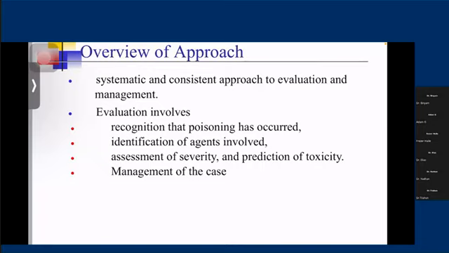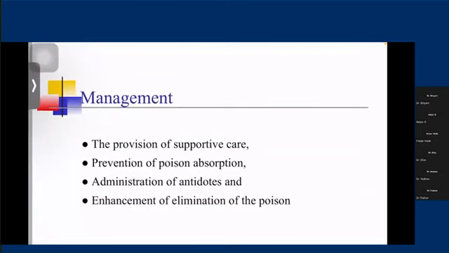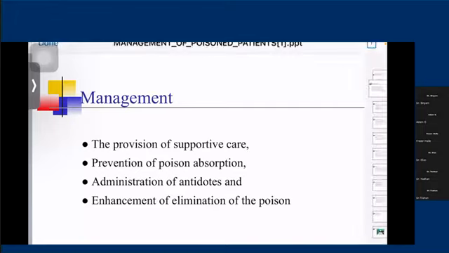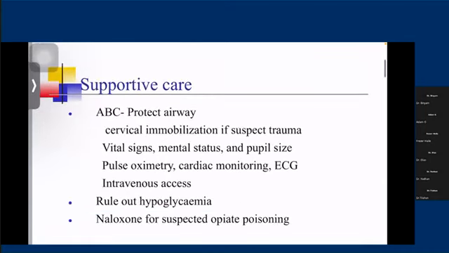And the next is management of the case. Regarding management of a patient who presents with poisoning, these are the steps we need to follow. First is provision of supportive care, and then prevention of poison absorption, administration of antidotes, and enhancement of elimination of the poison.